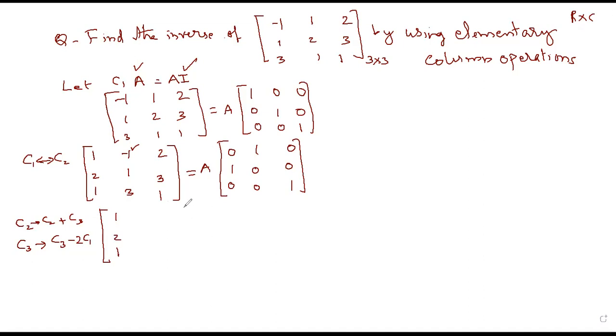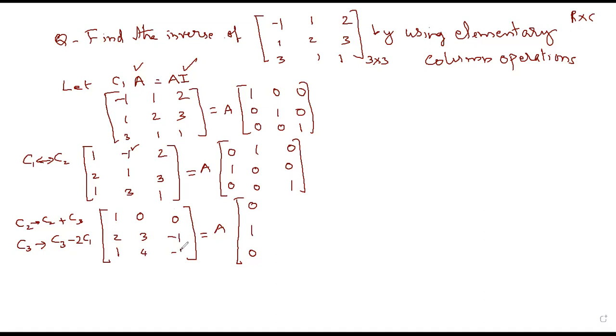That means the first column will not change. First column as it is, so you can write the first column as it is, to avoid mistakes. Now in the second column we are adding: minus 1 plus 1, 0; 2 plus 1, 3; 1 plus 3, 4. And here also 2 multiplied and added: 2 minus 2, 0; 2 twos are 4, minus 4 plus 3, minus 1.